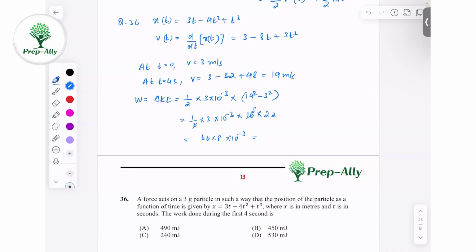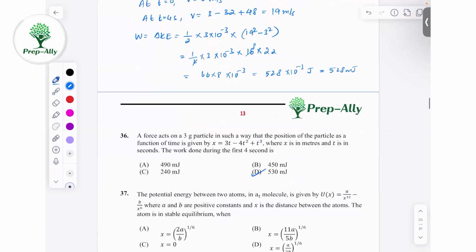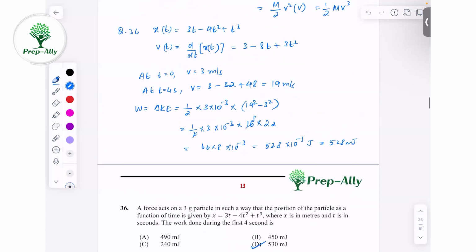That comes close to 528. So it is 528 millijoule, approximately 530 millijoules. So we just applied the work energy theorem here to get the work done.